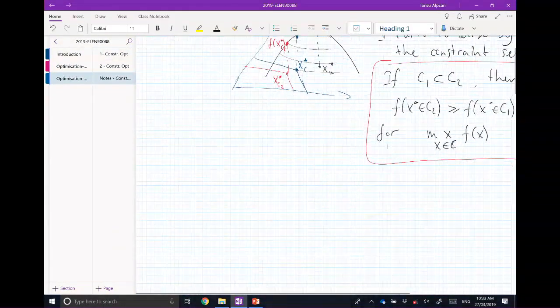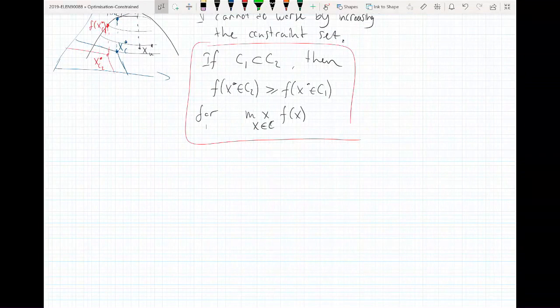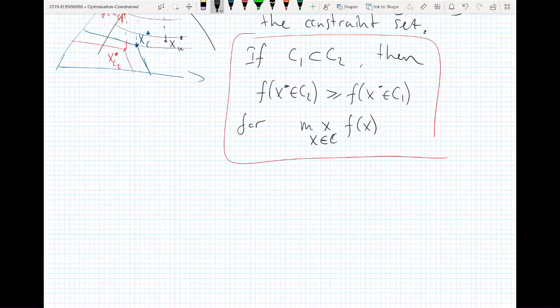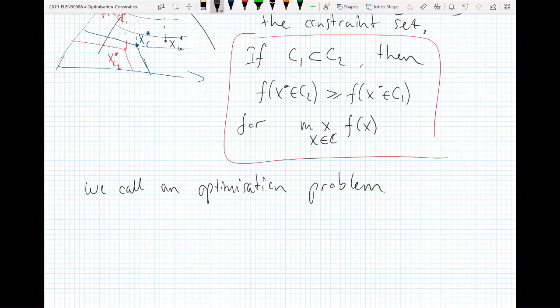It's worth writing down to the whiteboard, virtual whiteboard. So we call an optimization problem convex. I think I will make slides of these next year. So it is important.